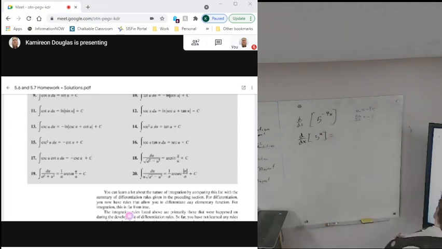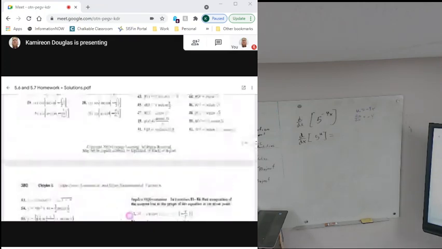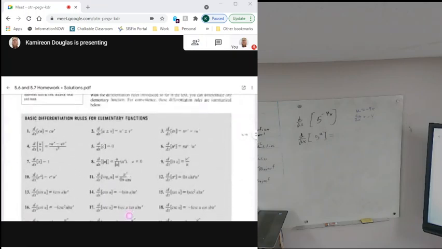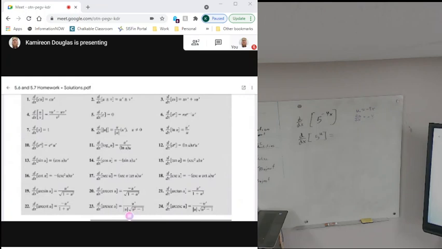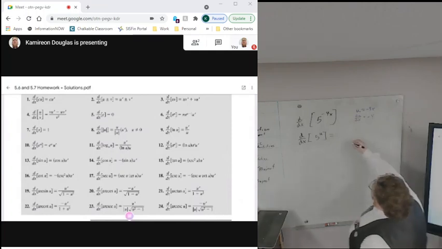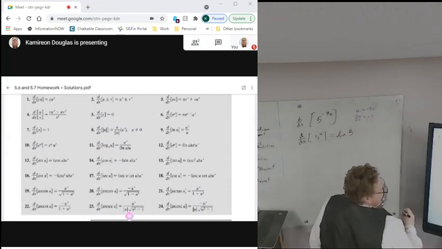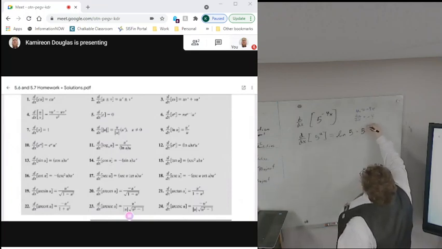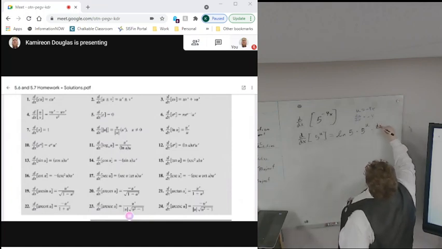Well, if I go back to my cheat sheet for derivatives, I see number 12. Number 12 says the derivative with respect to x with an a base and a u power. So my a in this case would be 5, and my u is, of course, u. It says this is equal to ln of a, so that'd be ln of 5, times 5 to the u power times u prime, or du/dx.